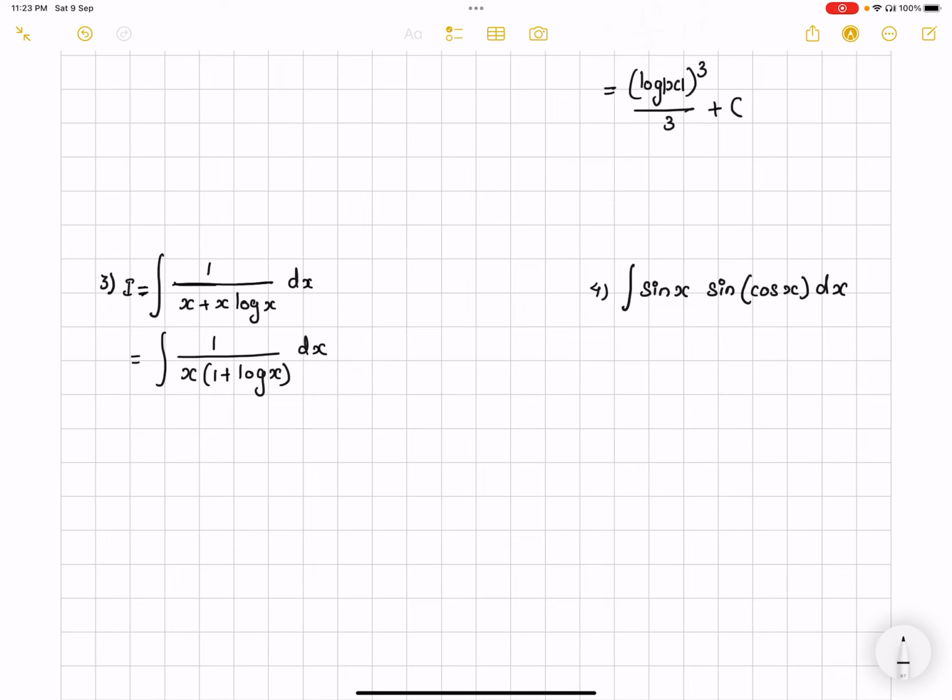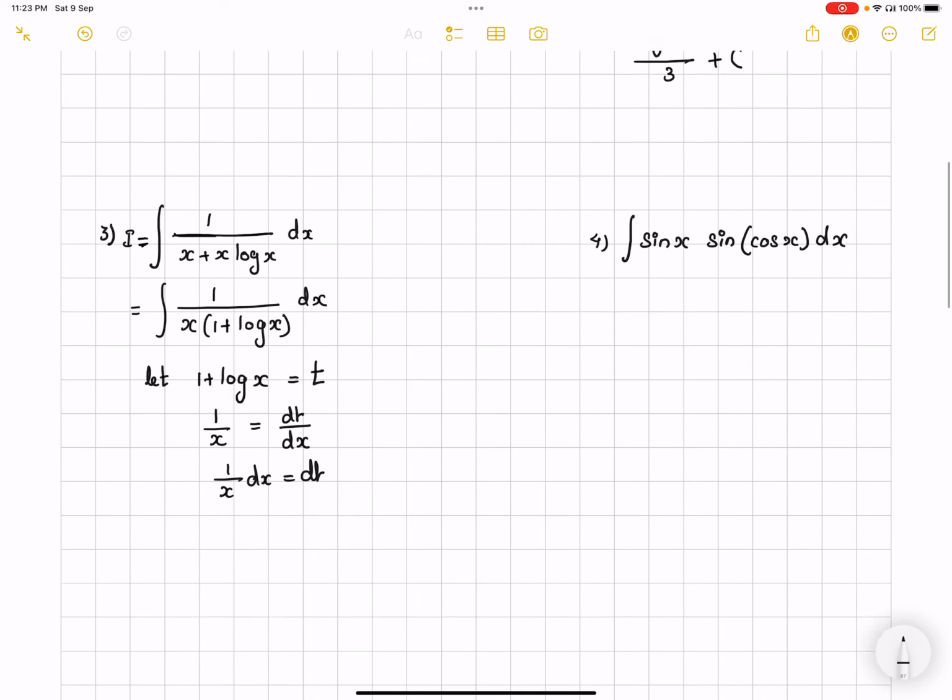It works. So my substitution is going to be: let 1 plus log x be equal to t. Then when I differentiate with respect to x, I get 1 by x, dt by dx. And this dx goes to the other side. 1 by x dx is equal to dt.